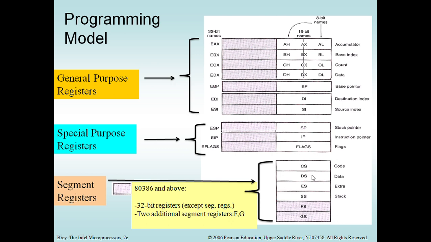Similarly, the data segment register stores the starting address of the data segment, the starting address for the extra segment is in the extra segment register, and the starting address of the stack segment is stored in the stack segment register. So these are the program visible registers in the Intel microprocessor, and these registers are referenced during assembly language programming.